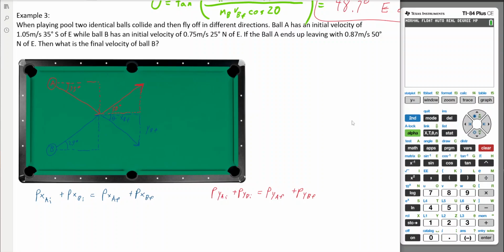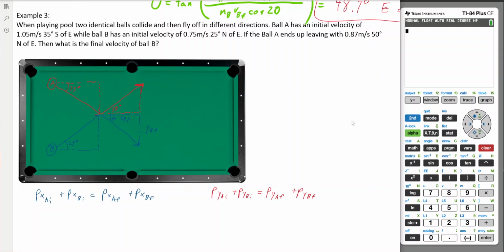So A has an initial and a final y, B has an initial and a final y. Now let's take a look. The two balls are identical, so this is important, so I'm just going to call it M, not M_A and M_B. And then also, what are we looking for? We're going to be looking for the x for B and the y for B.